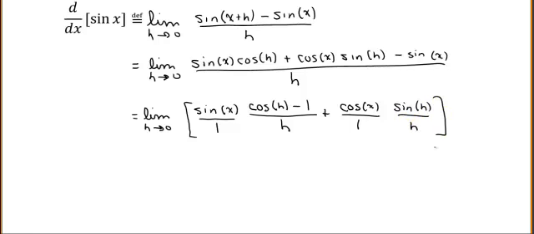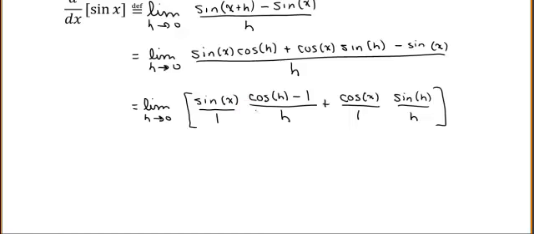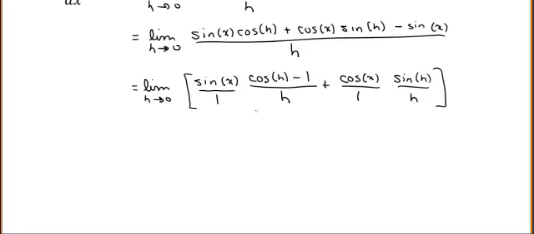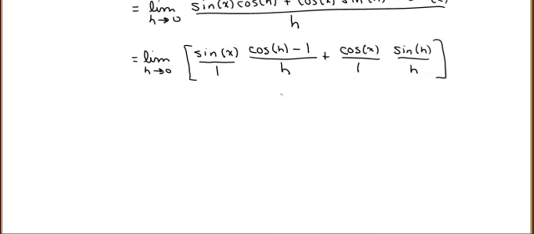Now I can go through and take the limit of the first term and the limit of the second term. The limit of the sum is the sum of the limits. Then in the first term I can take the limit of the first factor and multiply it by the limit of the second factor, and do the same thing in the second term.